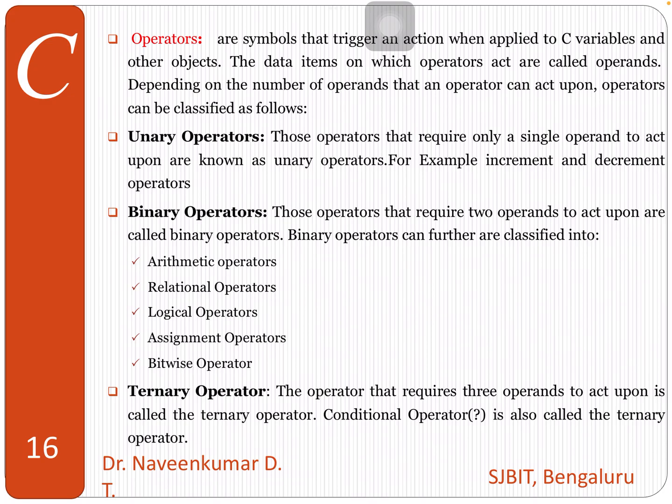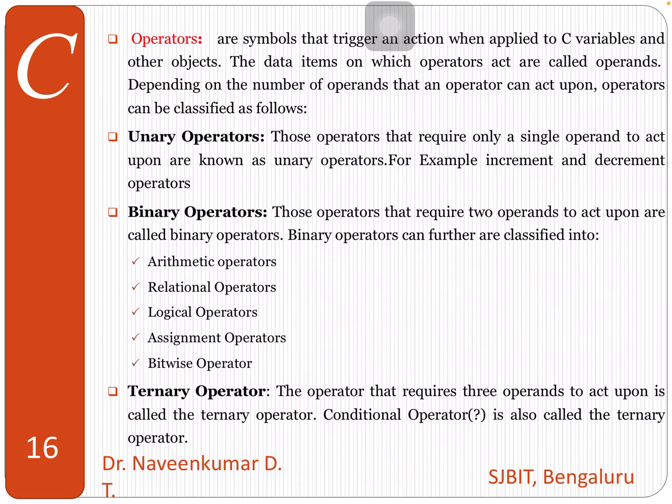Then we have binary operators. These operators require two operands to operate on. Binary operators can be further classified into arithmetic operators, relational operators, logical operators, assignment operators, and bitwise operators. We will discuss these one by one in the upcoming videos. Arithmetic operators we use for addition, subtraction, multiplication operations.